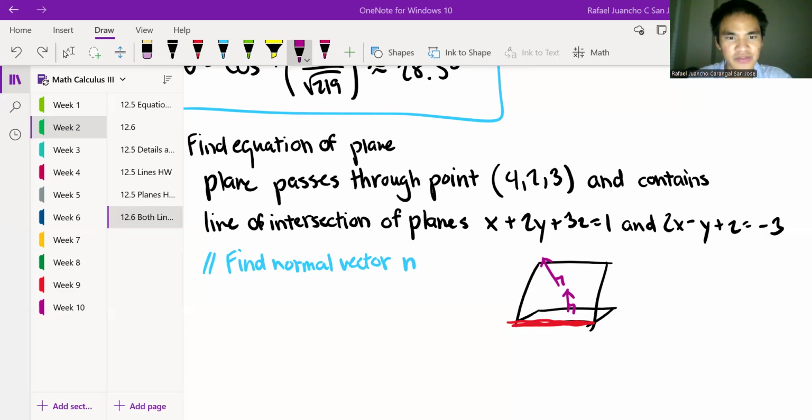What about their normal vectors? What happens if I get A?